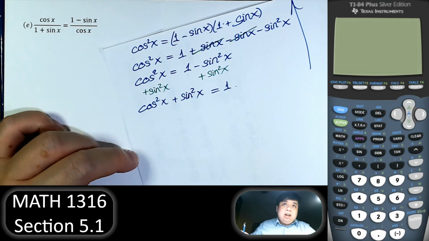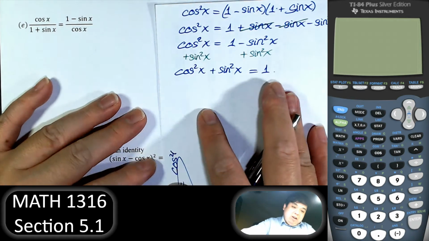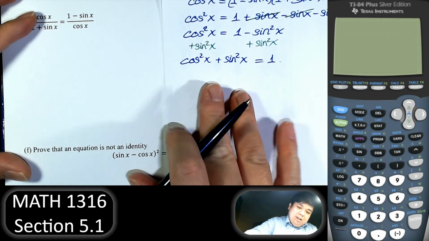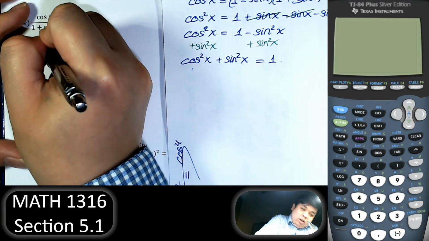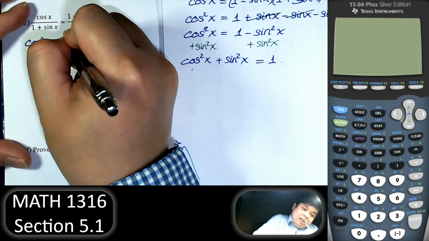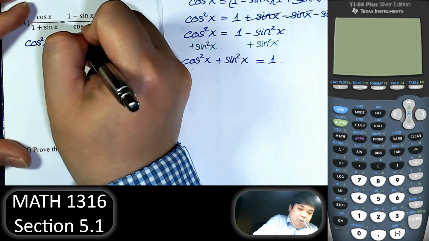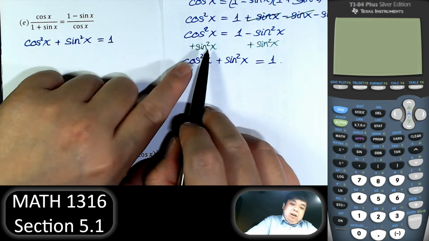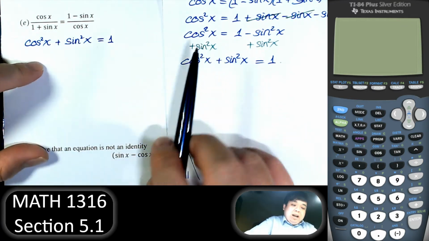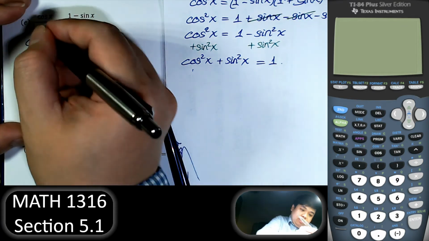I will write this in reverse and I'll have the proof. So we start with the Pythagorean identity, so everybody knows it is true, right? And then instead of adding sine square on both sides, I can subtract sine square on both sides.